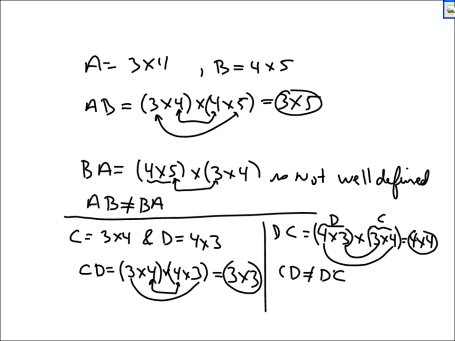Now you may say, well, okay, they're only unequal when they're different sizes. If AB and BA are the same size, then they're going to be equal to one another. Is that true or not? Again, the only hope for them to be equal is if they at least have the same size.